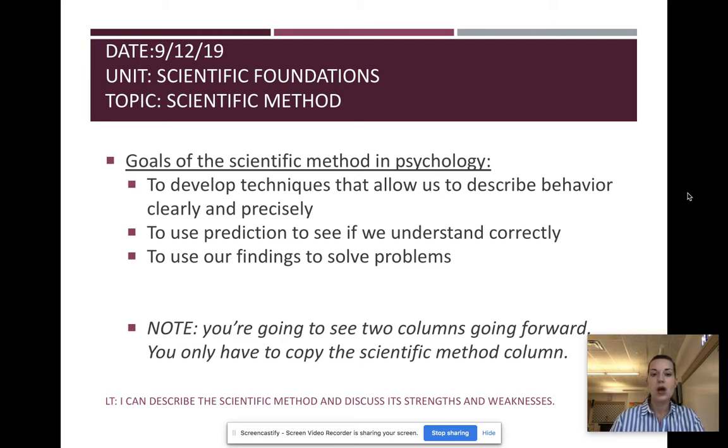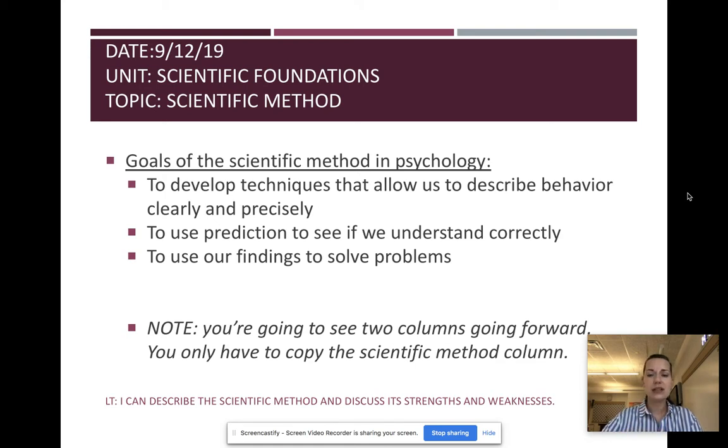All right. Okay, so let's talk about some of the goals because they're a little bit different in psychology than they are for like just normal any kind of science. Although they do overlap, they're a little bit more specific in psychology.